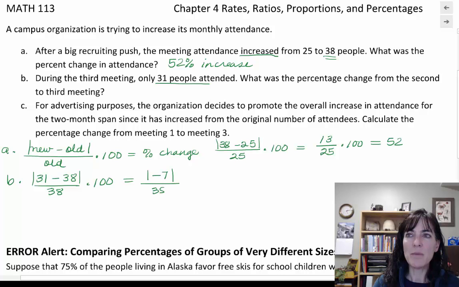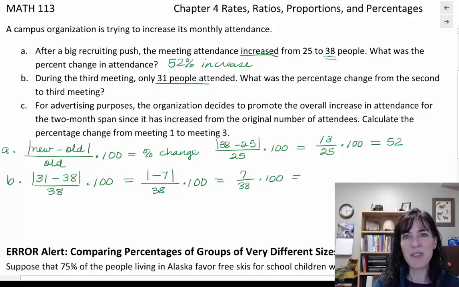Over 38 times 100. Now this one, once I got it calculated down to a single number, my number is negative, so I will drop the negative, and it'll become 7 over 38 times 100, and we'll go ahead and multiply that out.